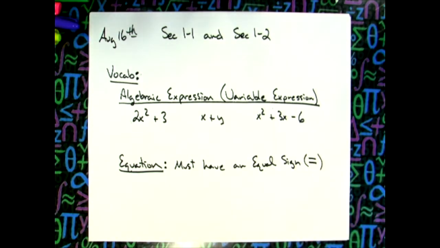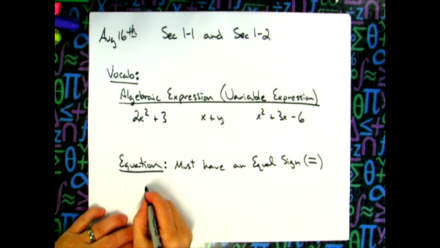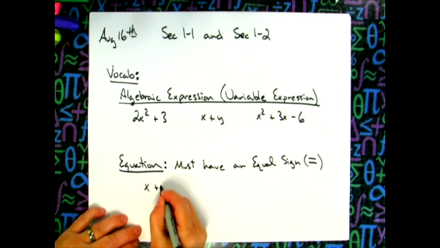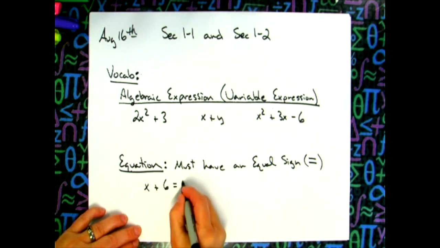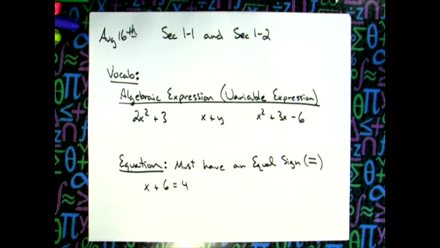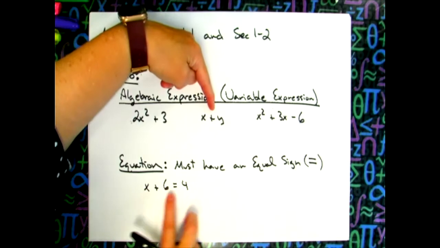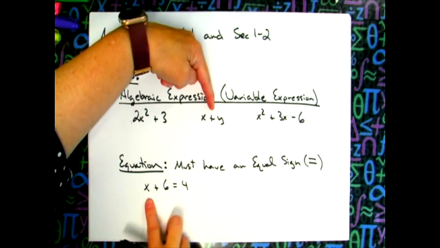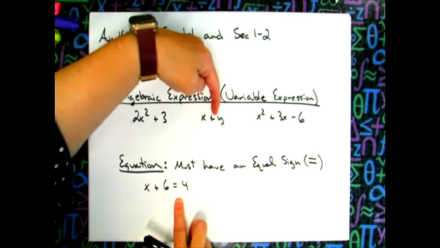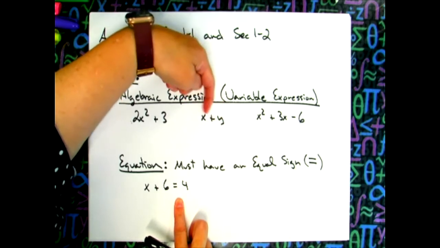I'll put it in parentheses. So then I could have something that looks like x plus 6 equals 4. It's got an equal sign. So the difference between these is the equal sign. This has an equal sign, so I called it an equation. This does not have an equal sign, so it's an algebraic expression.